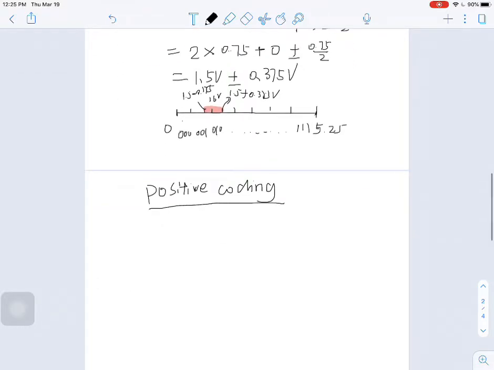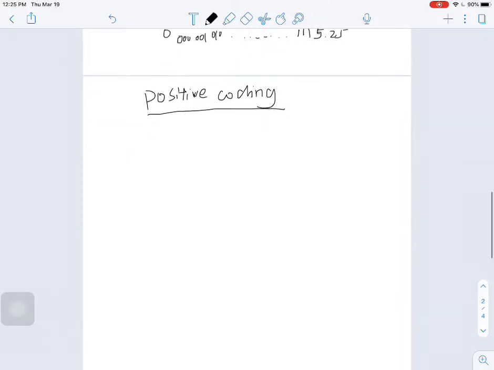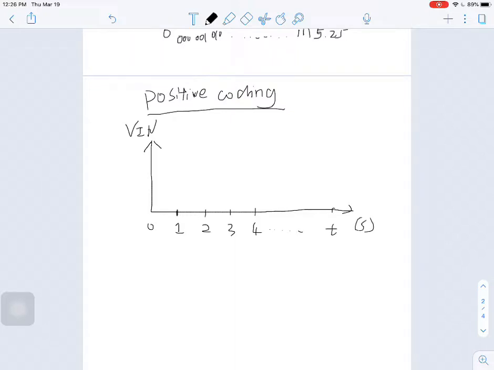And so, like I mentioned, we have a coming exam later next week. So if I give you a sequence of signal, for example, here I give you a sequence of V in, and I tell you each second is a sample point, all the way to t seconds.